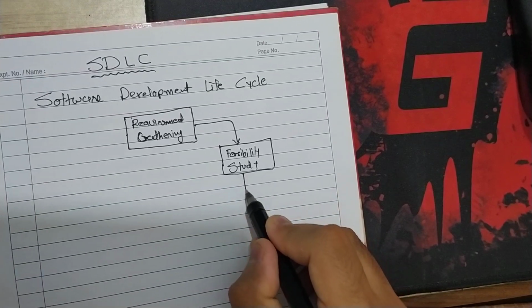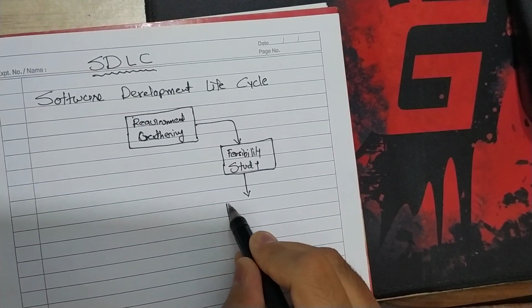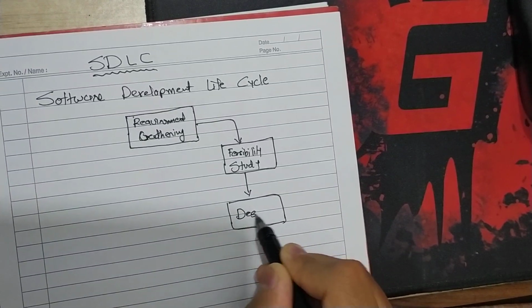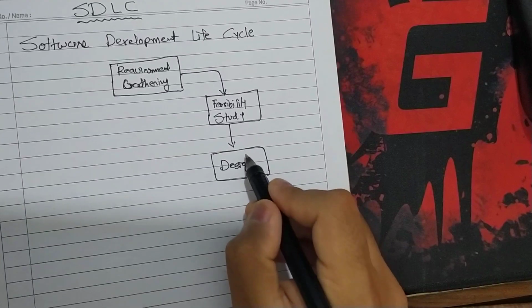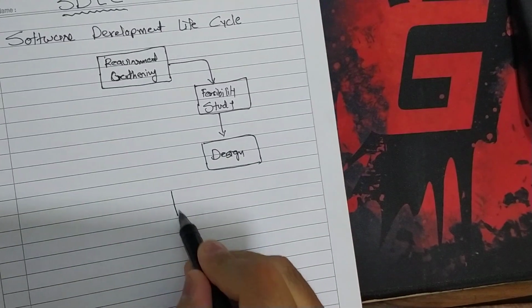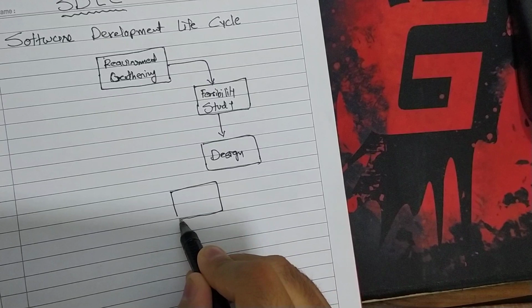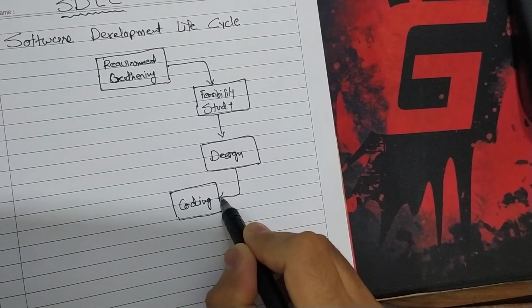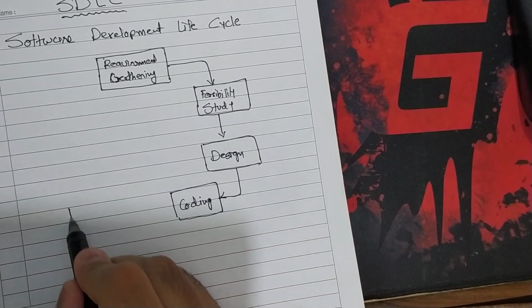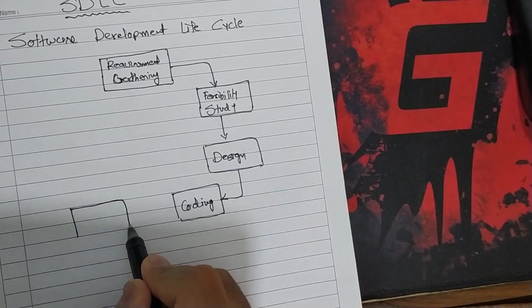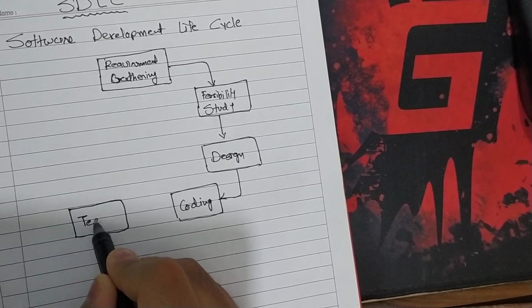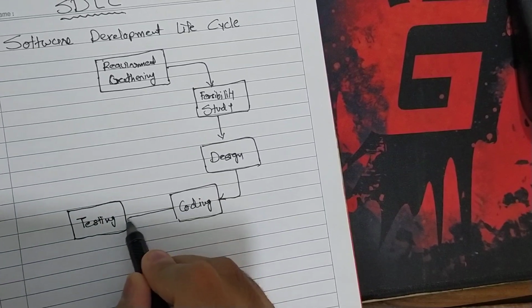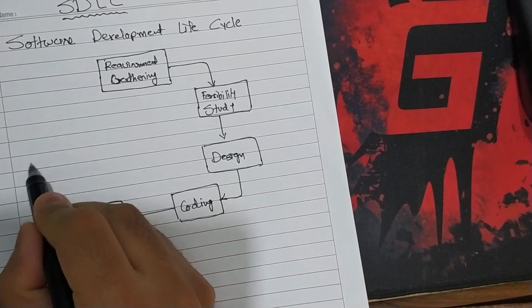After the feasibility study, the next step will be design. After the design, it comes to coding. After the coding, there is testing.